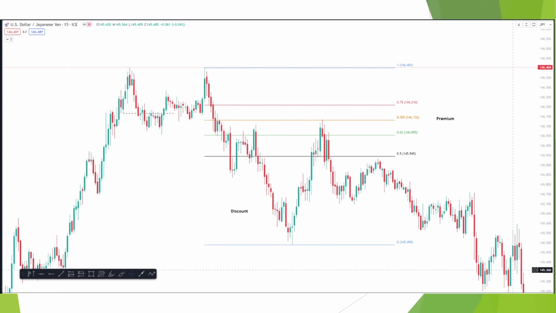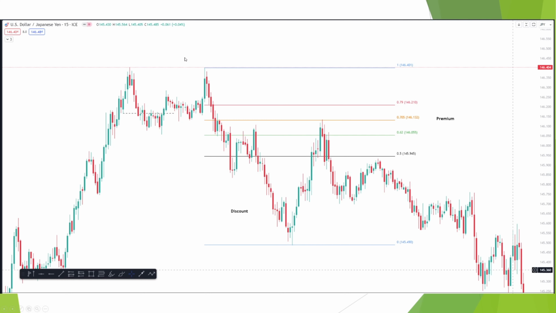These are some examples on US dollar, Japanese yen. As you can see, we had this swing high and swing low. I just used Fibonacci retracement, and this is equilibrium. Everything below equilibrium is the discount zone, everything above is premium.